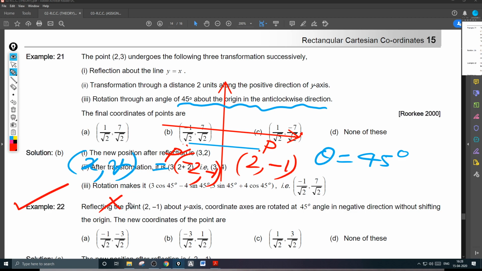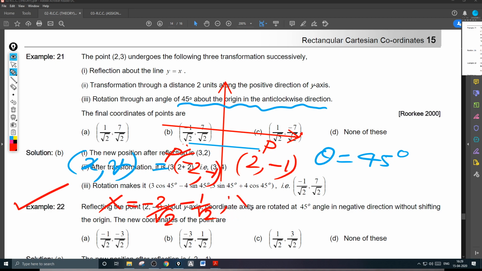Capital X is small x cos theta, minus 2 by root 2, plus small y sin theta. Small y is minus 1, so minus 1 by root 2. So it should be minus 3 by root 2. This one.